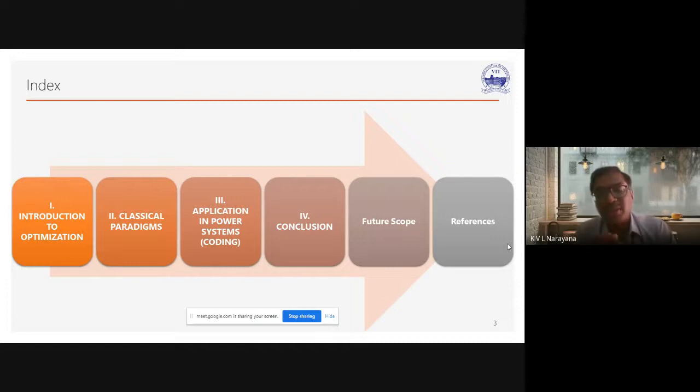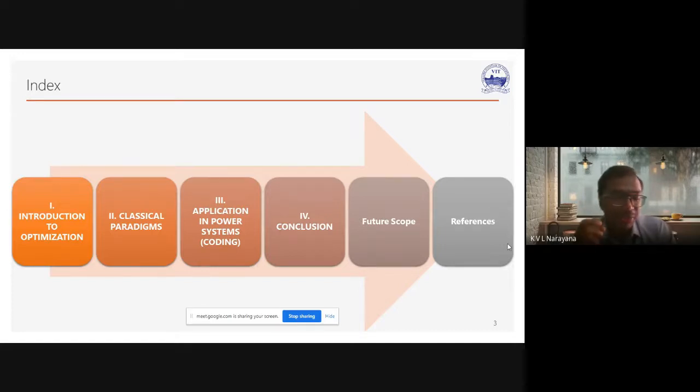We are all engineers, so we take many technological and managerial decisions at several stages in the design, construction, and maintenance of any engineering system. It may be an electrical system, a mechanical system, any system you take; engineers have to make many technological and managerial decisions at every stage of design, construction, and maintenance. So what may be the ultimate goal of those decisions?